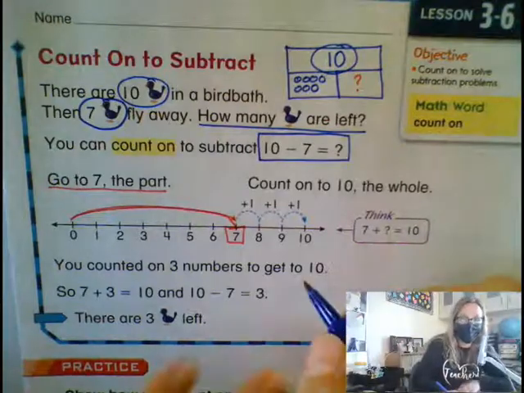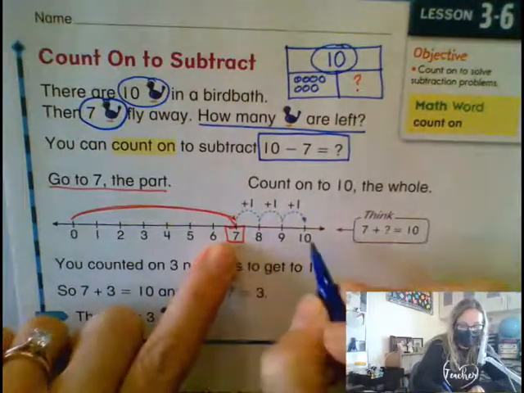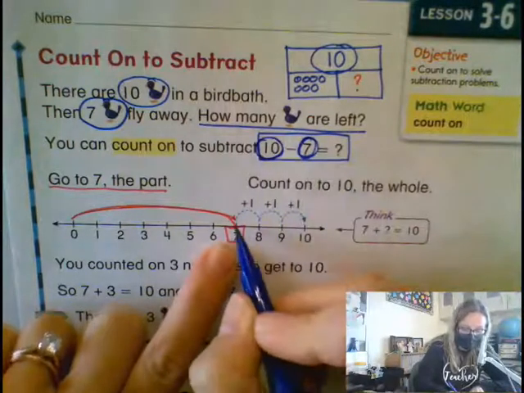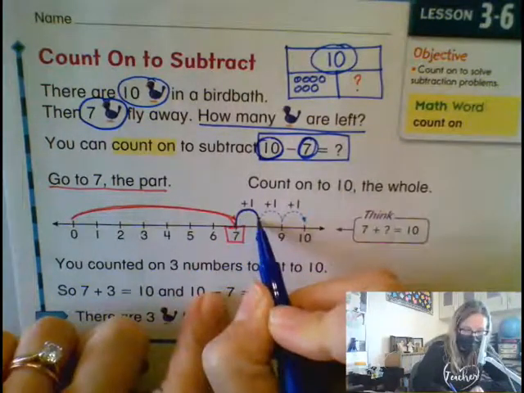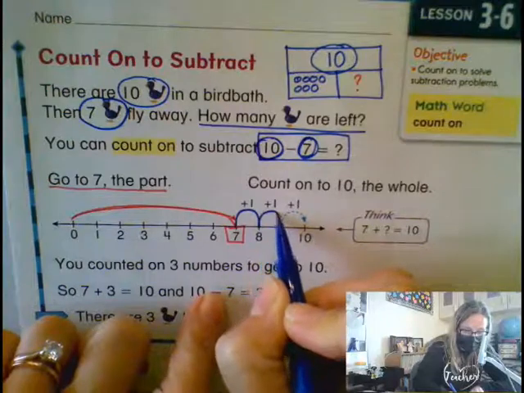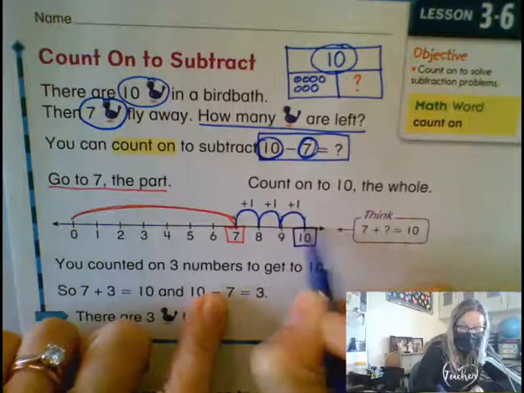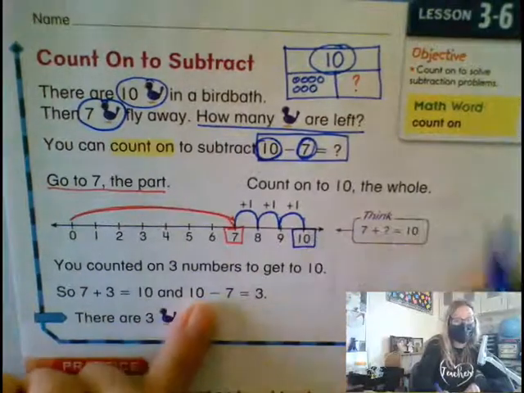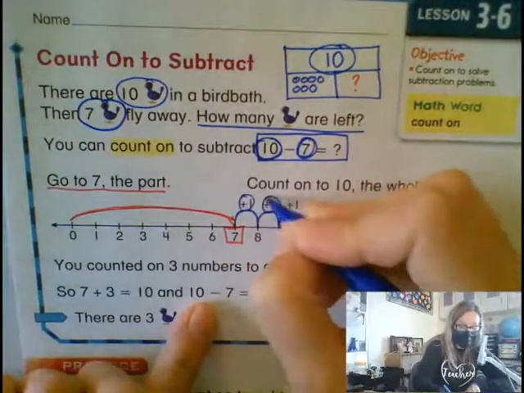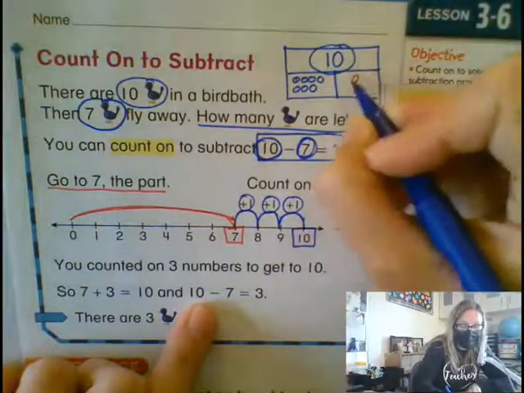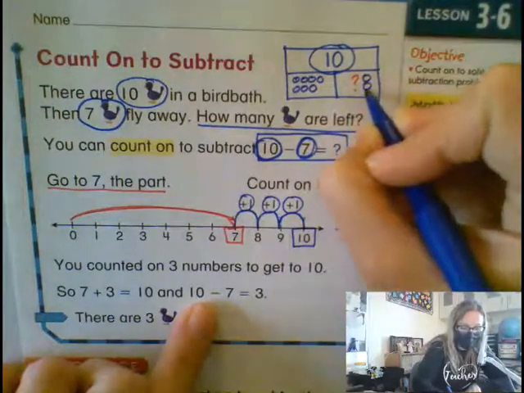So let's try it. We're trying to go from 7 to 10. So here we go. Ribbit 1, ribbit 2, ribbit 3. Now I made it to 10. How many jumps did I take? 1, 2, 3. So what is my other part? 1, 2, 3.